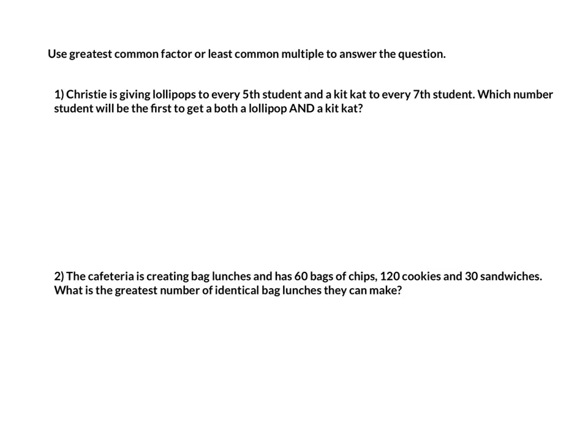Okay, the first one. Christine is giving lollipops to every 5th student and every 7th student. So which number student will get both? Well, if every 5th student is getting a lollipop, that means the 5th, the 10th, the 15th, the 20th, 25th, the 30th, the 35th, the 40th, and this goes on and on.